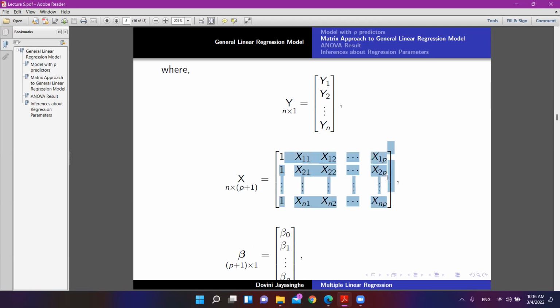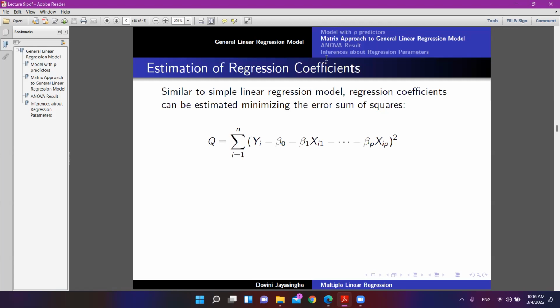This is the only difference we have. And we have a vector of error terms.